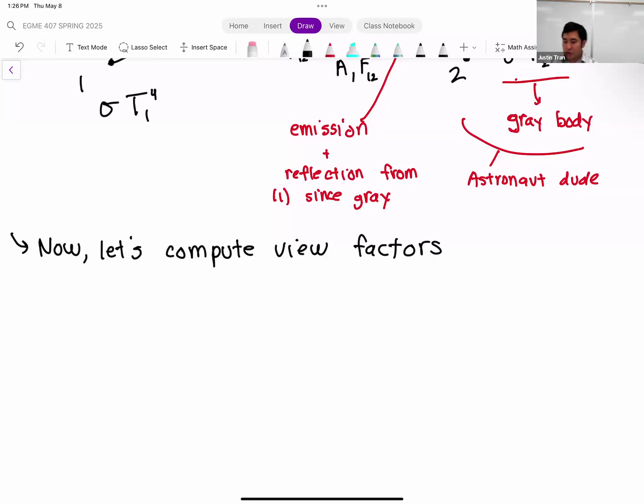So when the problem asks you to compute the view factors, even if it says to compute all the view factors, really the only ones that you need to compute are the ones that you need to complete the circuit.